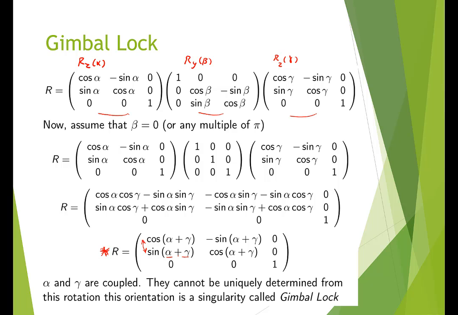Gimbal lock can happen for any other types of rotation matrix, not just Euler, even in roll-pitch-yaw. Whatever guideline you use, if one of the middle angles is 0, you will have gimbal lock, and it would be impossible for you to estimate the exact angles from the rotation matrix.